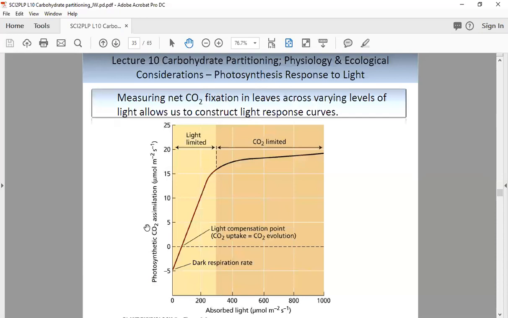So what we're looking at here is carbon dioxide assimilation as a function of absorbed light, which you can see on this axis down here. So let's describe what's going on here. Of course, in the dark, there is no photosynthetic carbon assimilation, but mitochondrial respiration always continues. It never stops.